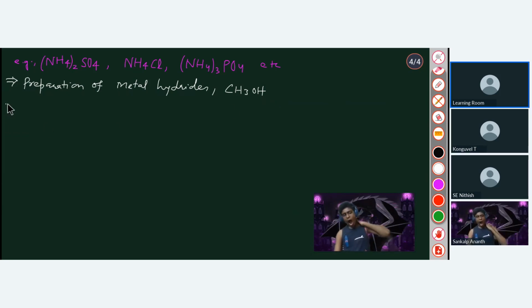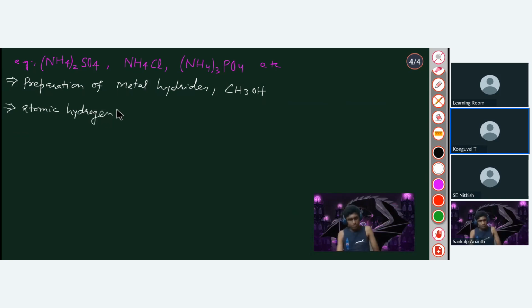Another use you can remember is that we can also make an atomic hydrogen torch. Is it called a spirit lamp? No. Can you tell me for what purposes we can use these oxy-hydrogen torches?